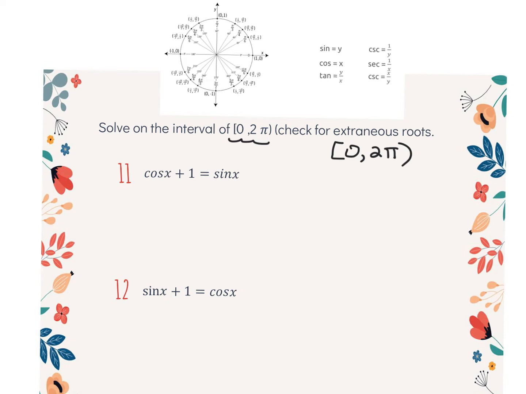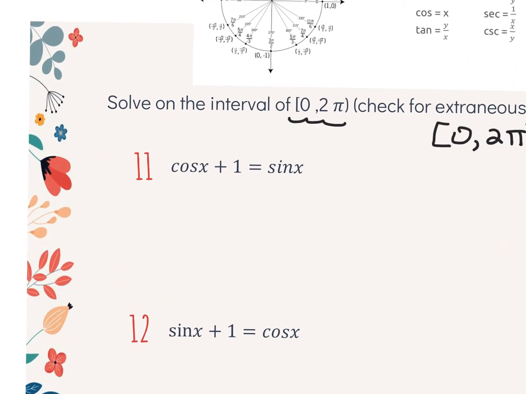I'm going to take the left side, cosine x plus 1, and square that binomial. In order to keep things balanced, if I square the left side, I also have to square the right side.